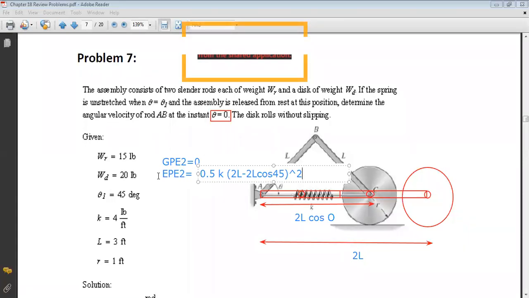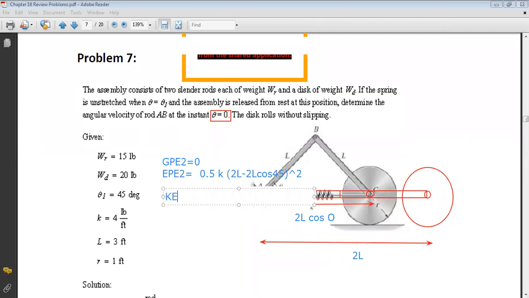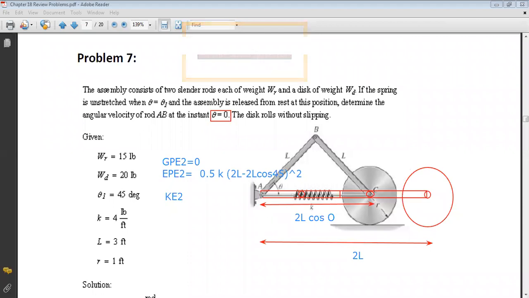The last part, which is the most difficult, is to find the kinetic energy at state 2. And we said that it's the summation of kinetic energy of AB plus kinetic energy of BC plus kinetic energy of the disk. So how to do the analysis here? First, AB is doing what? Rotation about A. Very good.